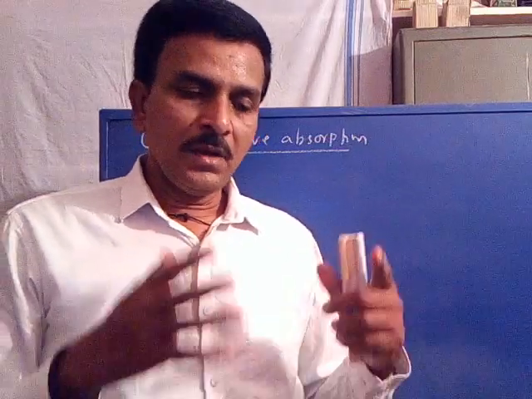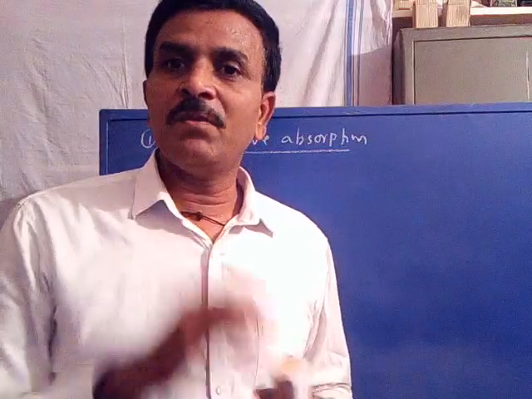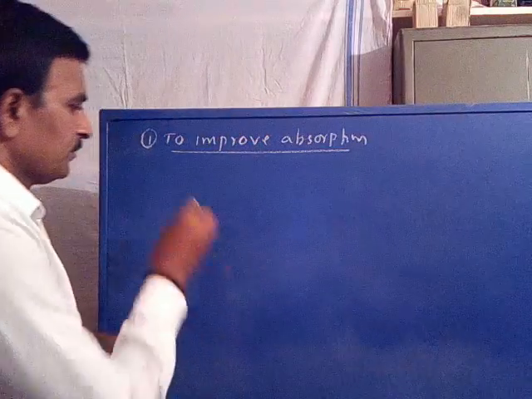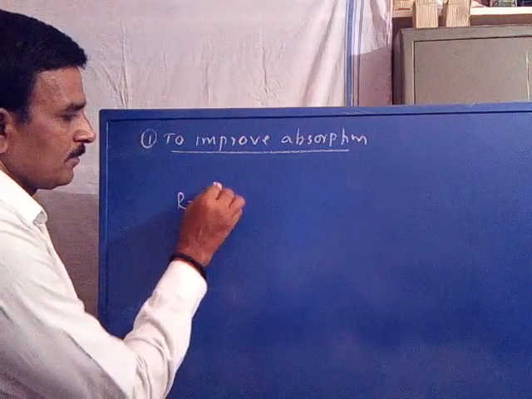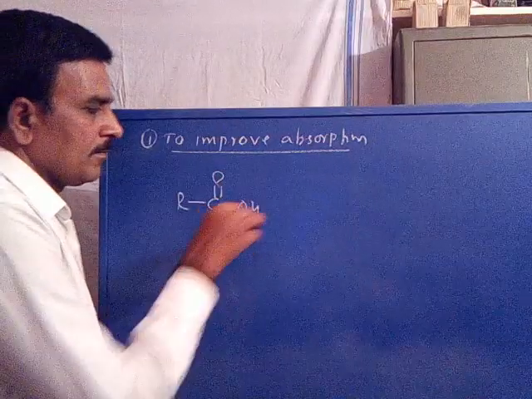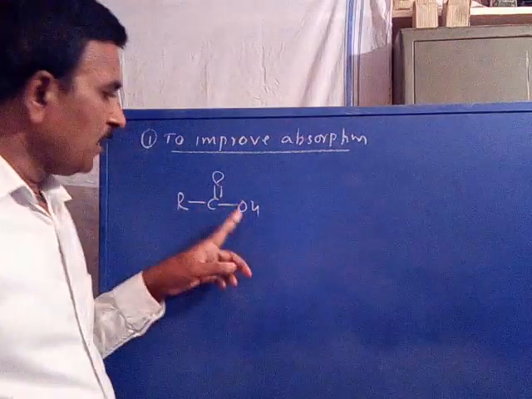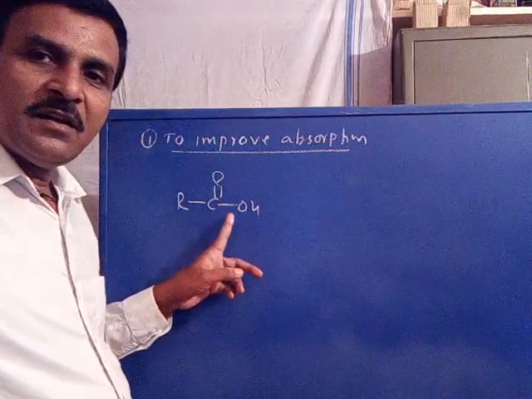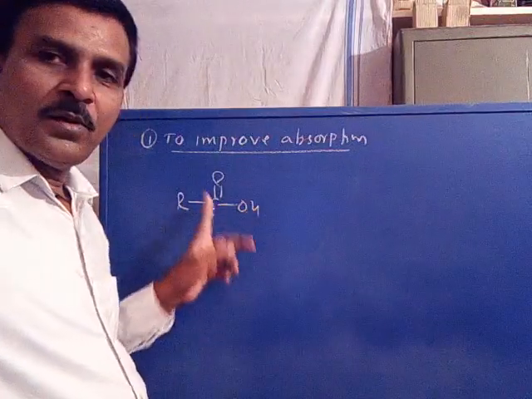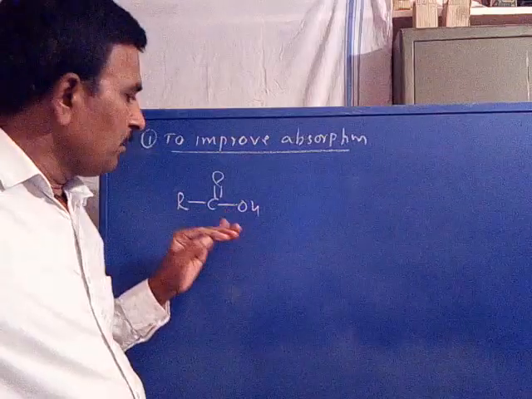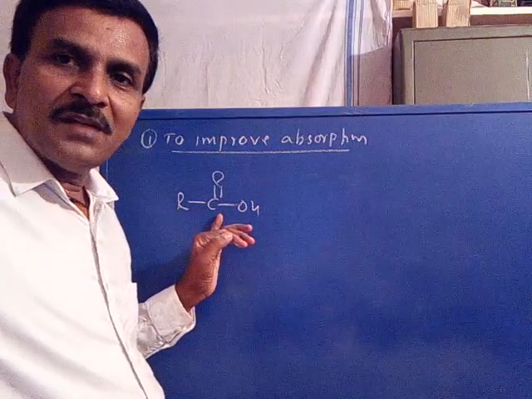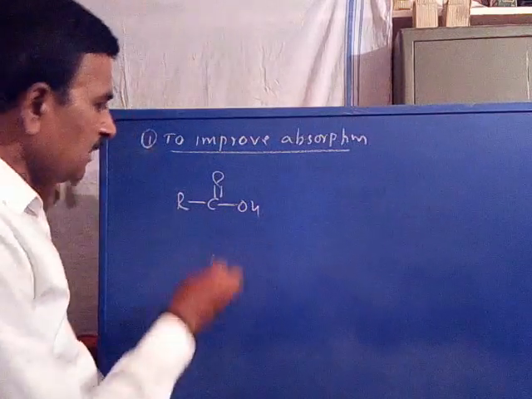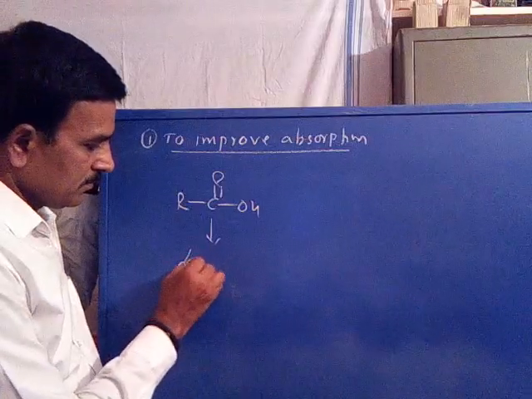For example, if a drug consists of a carboxylic acid group, because of its polar nature, because COOH is a polar group, it is less absorbed.